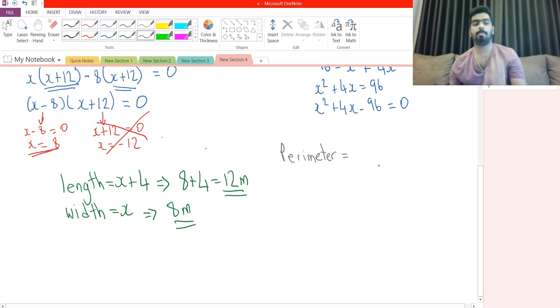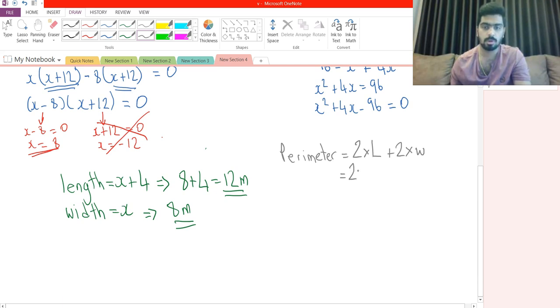Okay guys, what do we mean by perimeter? Perimeter is the length around the figure. Okay guys, now for a rectangle we have a certain formula for it, which is 2 multiplied by length plus 2 multiplied by width. Okay guys, so what do we have here?